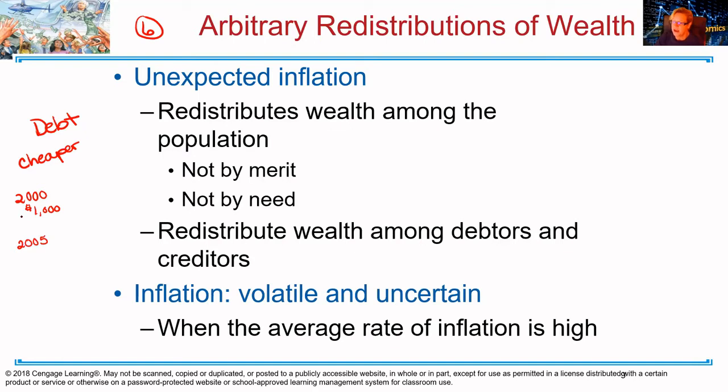If there's been inflation during this time, when you repay that loan, the $1,000 is not worth as much as it was in the year 2000. So it redistributes wealth among debtors and creditors. If you're in debt, you win from inflation.